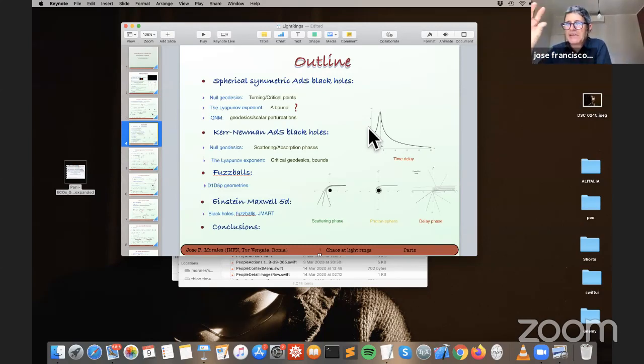A tiny piece of the model space of fuzzballs with respect to the full, enormous multiplicity. But if we find some general universal feature of this solution, you can hope that maybe you can look for such deviation. I don't know how long it takes to have the sensibility to discriminate between these two solutions.